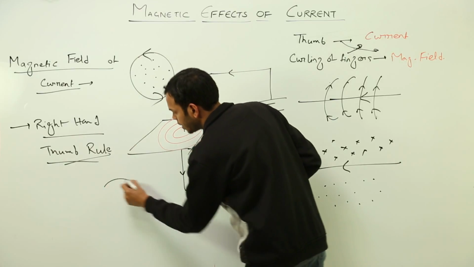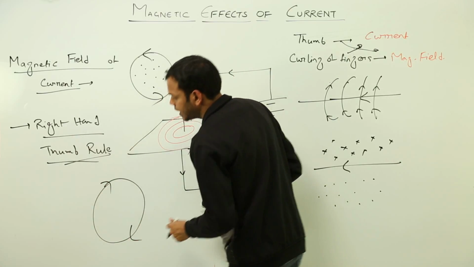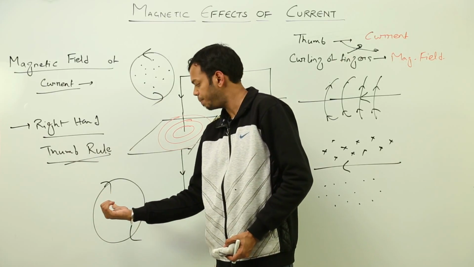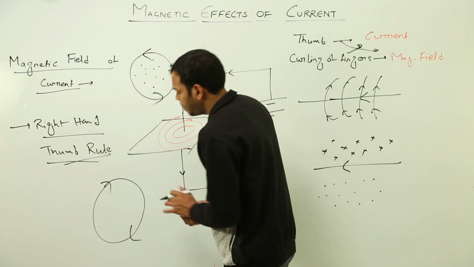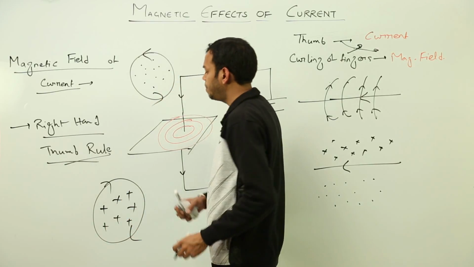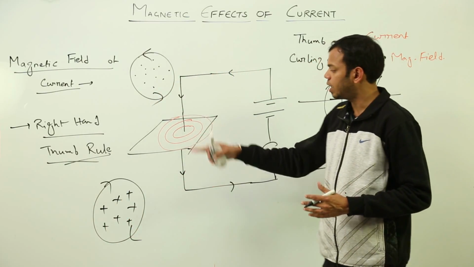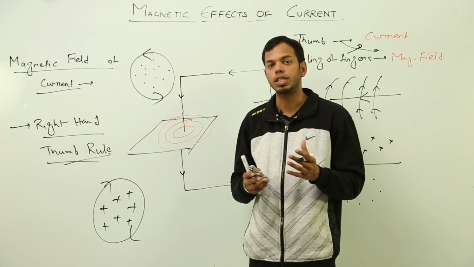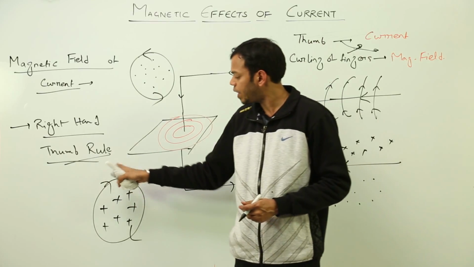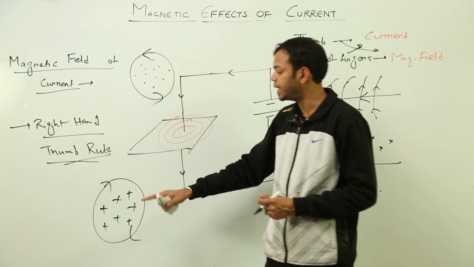And if the loop is having current in this direction, so curling of fingers like this, the magnetic field is going inside. So I'll be representing it with all crosses. So now you see the magnetic field in a circular wire can exist in only two ways. If the current is anti-clockwise, the lines are emerging out. If the current is in a clockwise direction, the lines are going in.